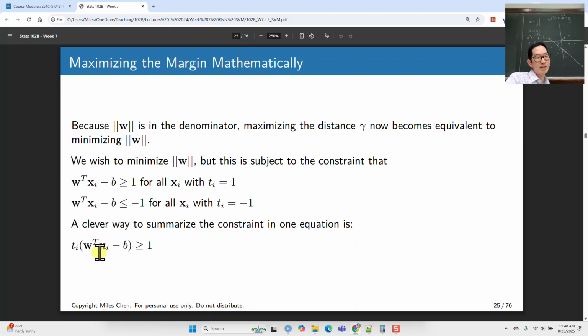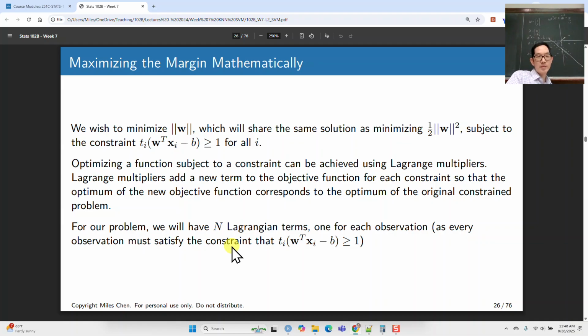Whatever data set you have, you're going to have this many constraints. So we want to minimize this, and this is the same as minimizing the sum of the squares. If we minimize this, it's equivalent to that, but we have the constraint that it's going to classify all of the points correctly. When you're trying to optimize something subject to constraints, you can use Lagrange multipliers.